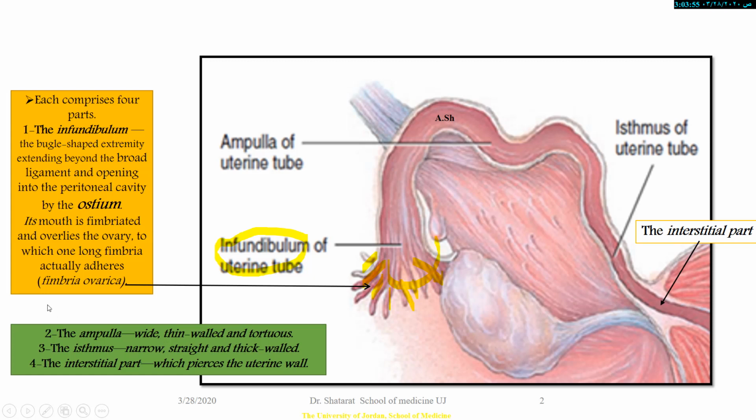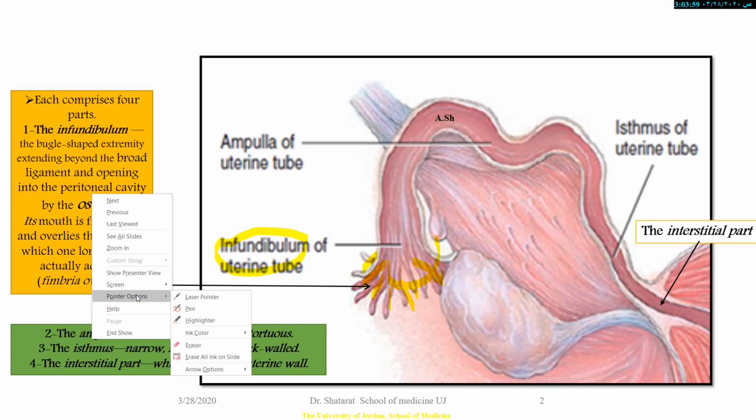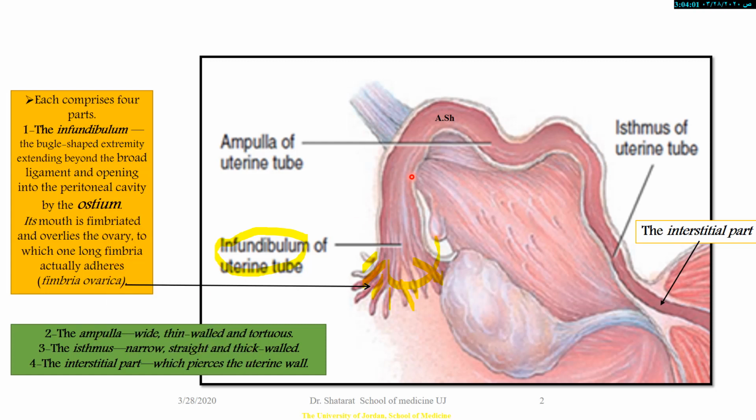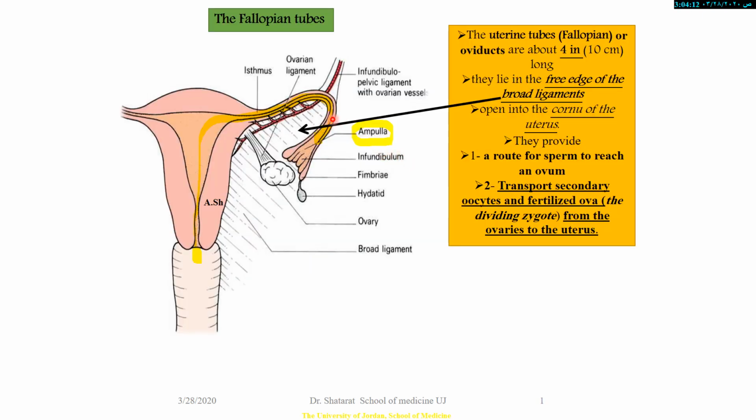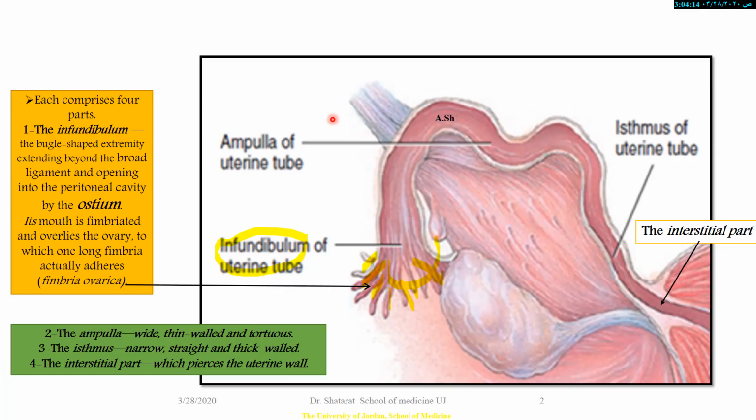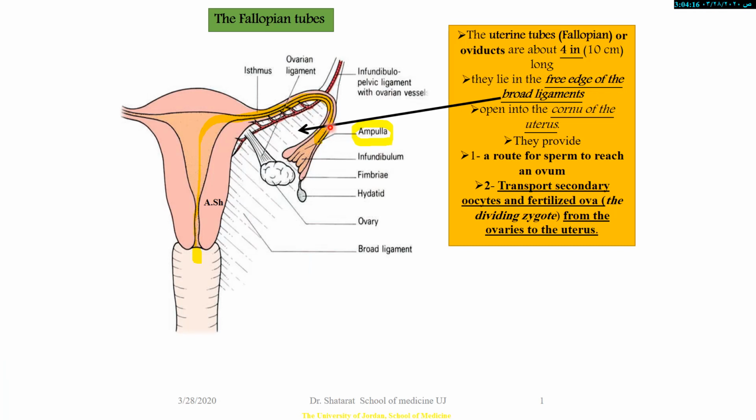The second part is the ampulla, and the ampulla is very important. I'm not sure this is the right indication of the ampulla. It should be somewhere here. There it is, the ampulla.